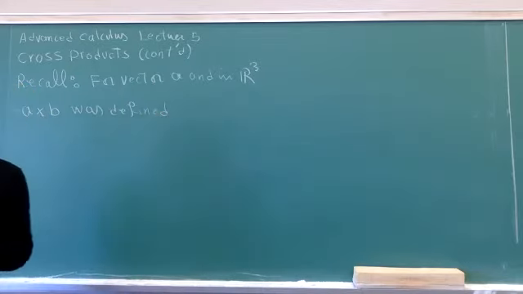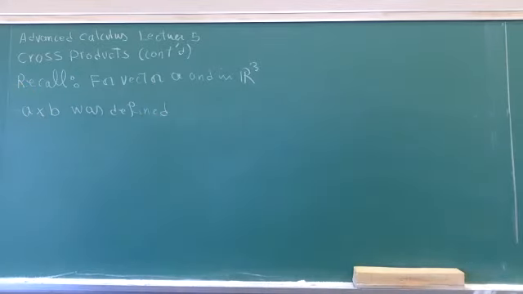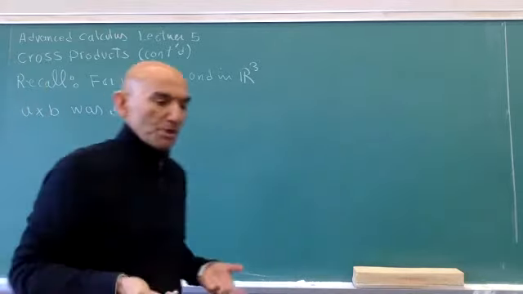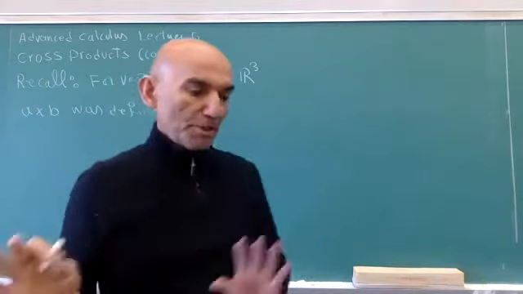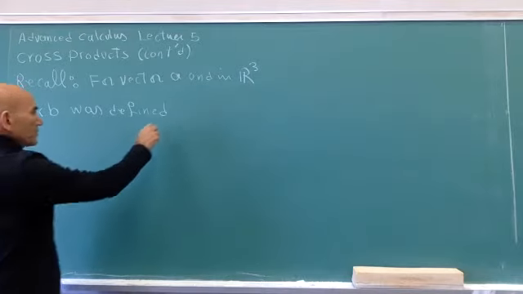We defined it in two ways: a geometric way and a purely algebraic way. The beauty of the subject is that the geometric definition perfectly matches the algebraic definition. Each of them captures some aspect of cross products, so I don't need to recall the definitions.